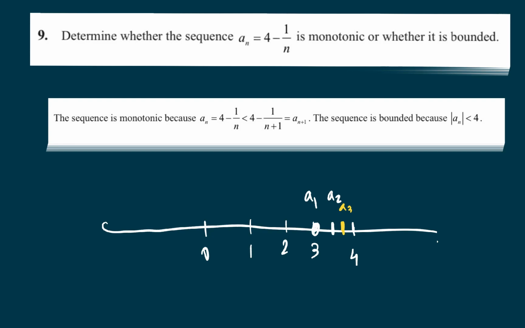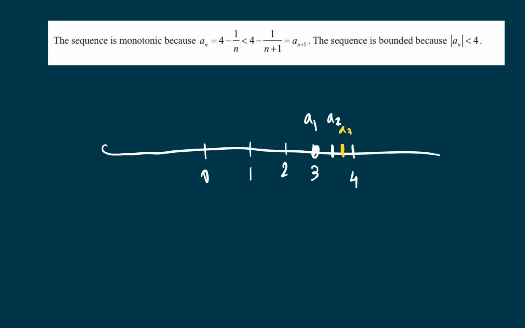Now what happened here is the following theorem. A sequence is monotonic when a sub n plus 1 is bigger than a sub n.